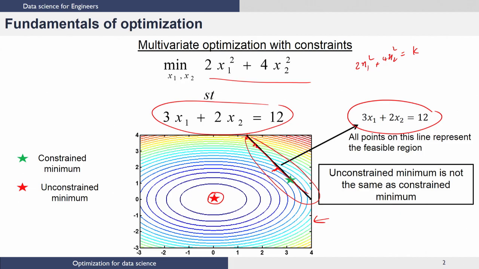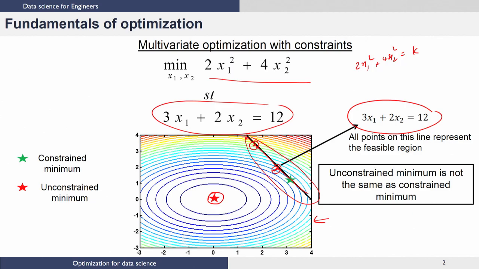The way to think about this is the following. When I pick a point here, I know that the objective function value would be based on the contour which intersects at that point. If you compare these 2 points, you will see that this point is worse off than this point from a minimization viewpoint.